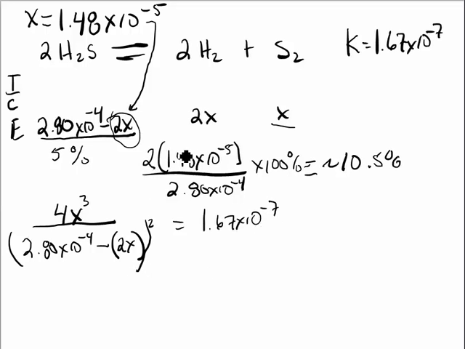So we just plug this value in for x and continue on. So I will do that arithmetic, show you a step or two along the way to get to our answer.